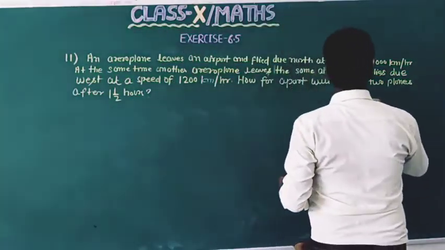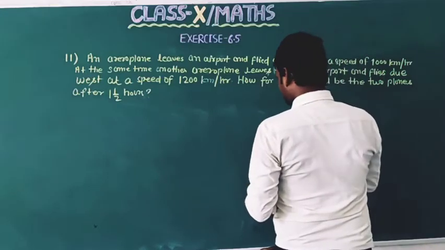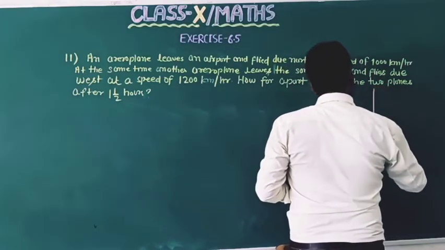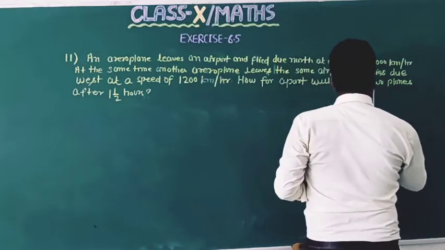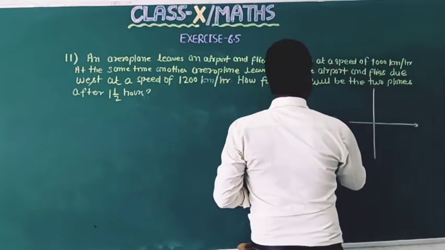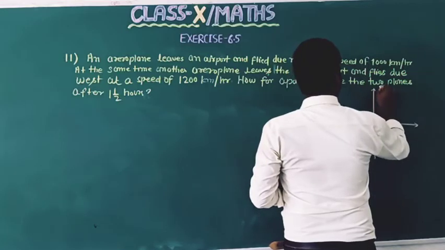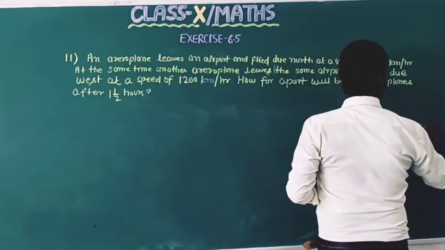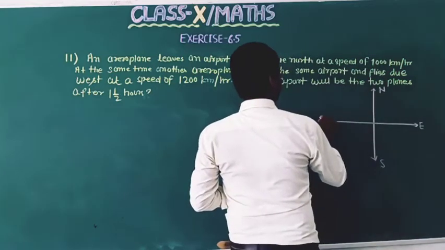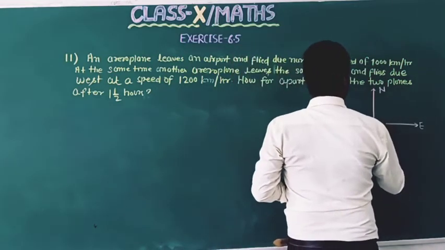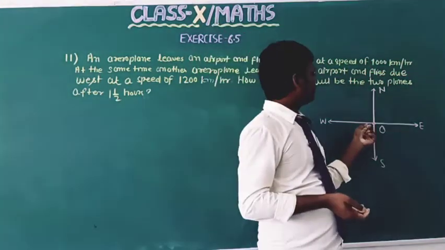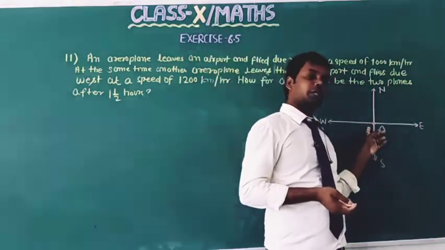Suppose this is the direction: north, this is south, this is east, and this is west. At this point O is the airport. Suppose this point O is an airport.